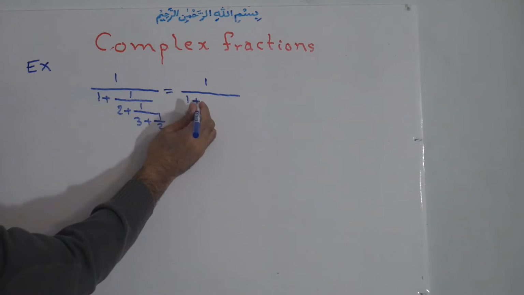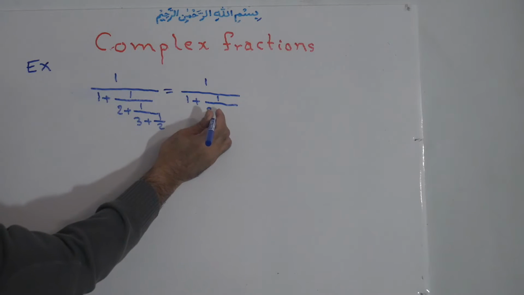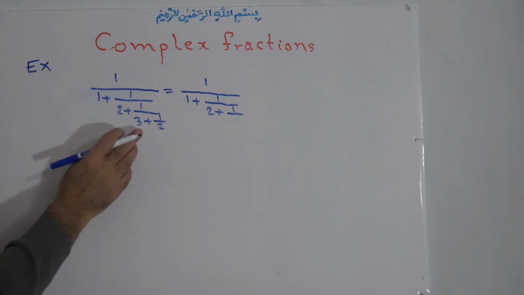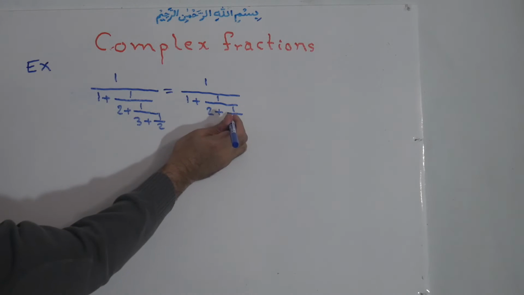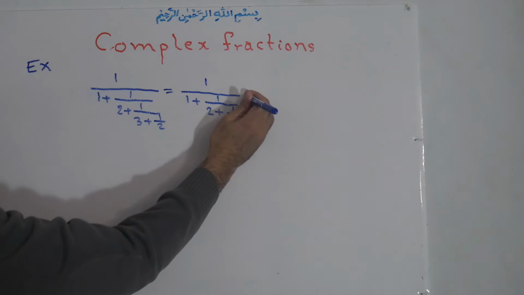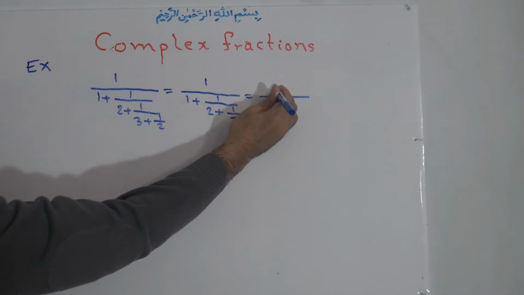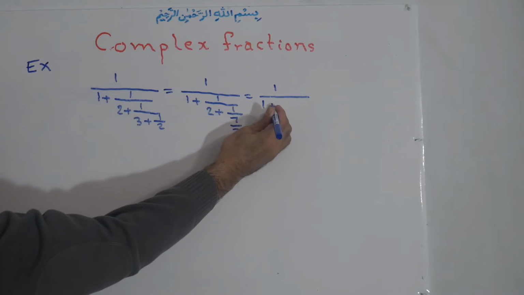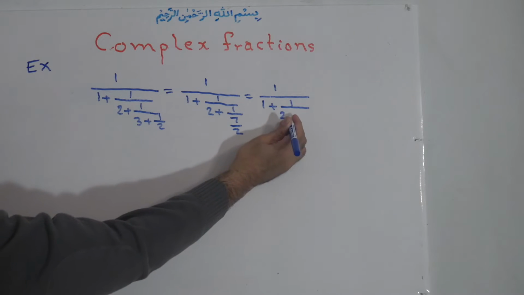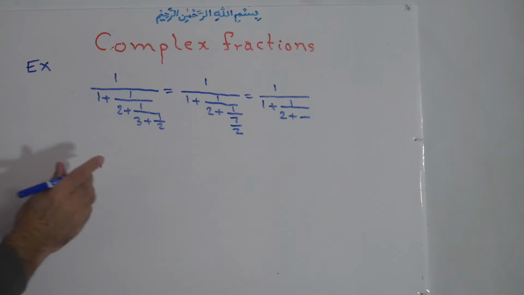1/1 plus 1/2 plus 1/2 times 3, 6, 6 plus 1, 7/2. This is equal to 1/1 plus 1/2 plus, the numerator is 1, the denominator of 1 is 1.